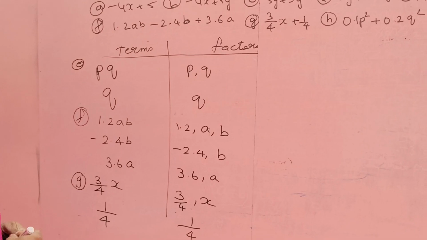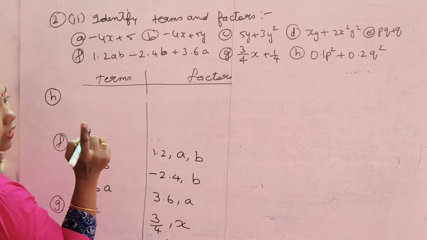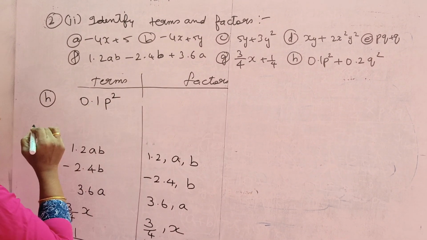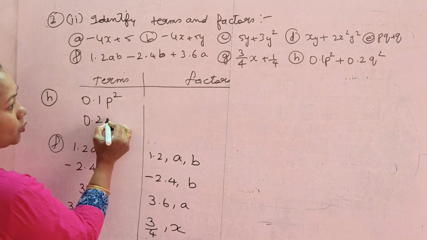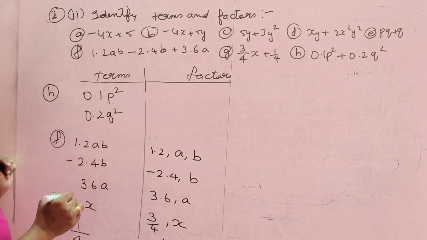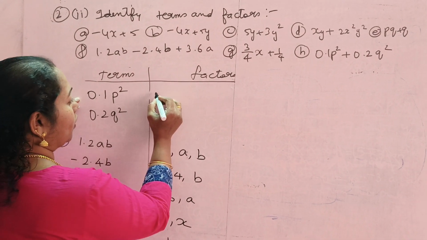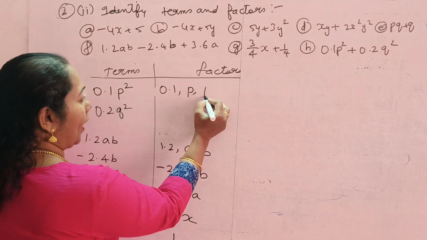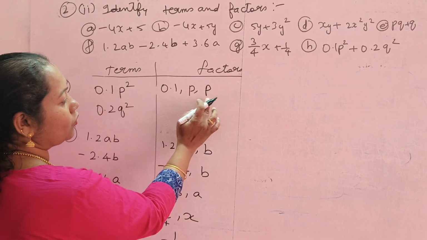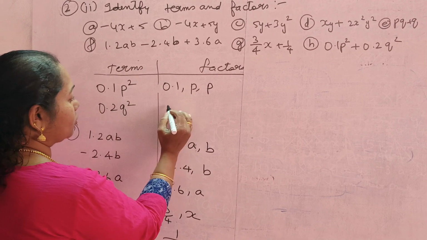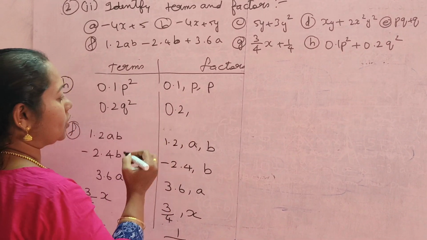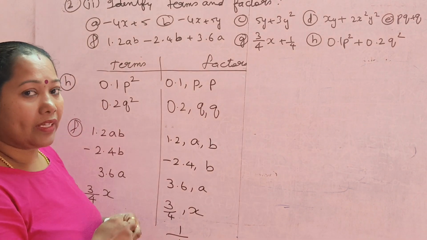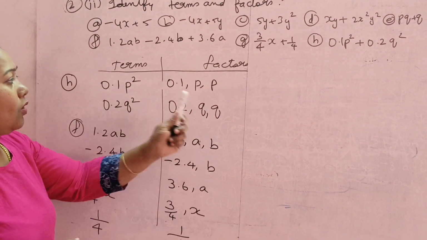Now the last question, 0.1 p squared is one of the terms and 0.2 q squared is the second term. In 0.1 p squared, the factors are 0.1, p and p. Since p squared is there, we have to write it 2 times. And in the next term, 0.2 is one of the factors, q and q are the other two. So these are the factors of this term.